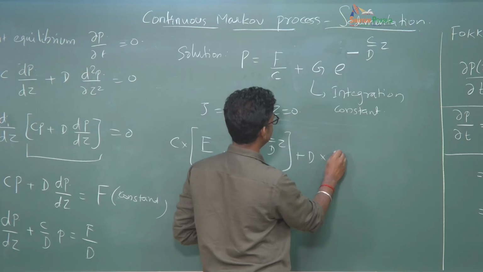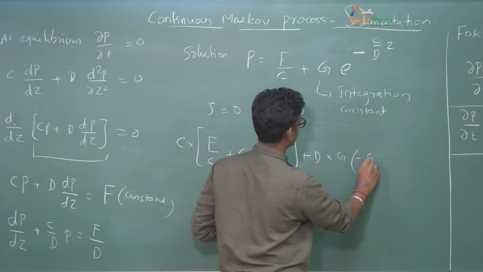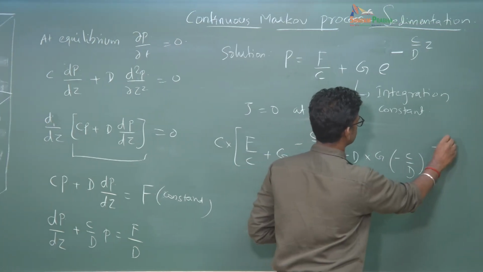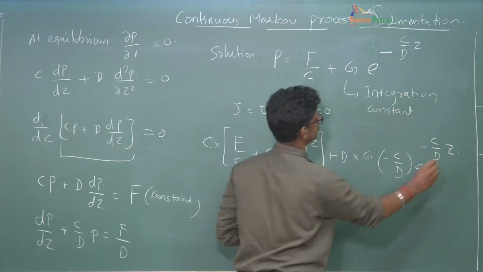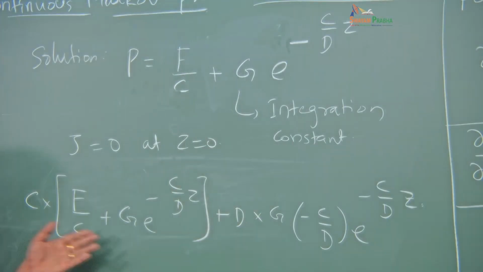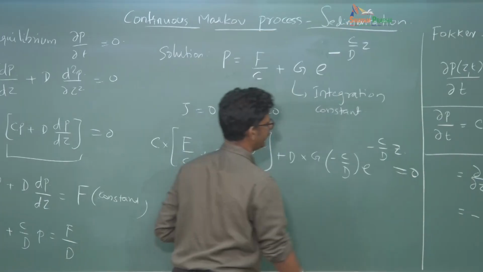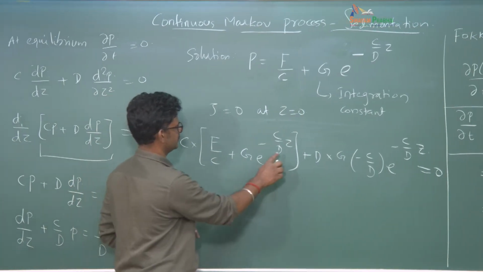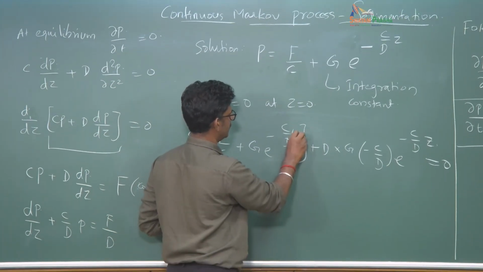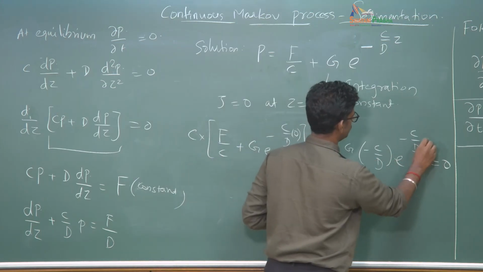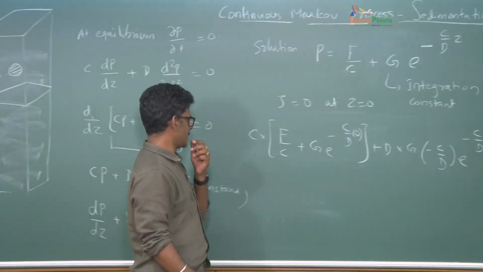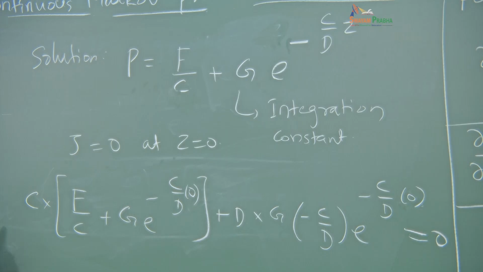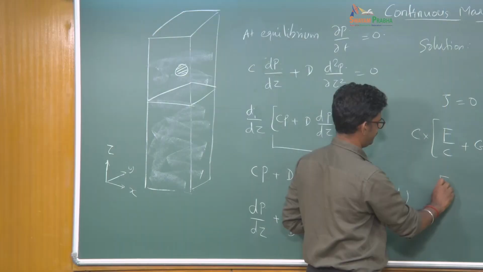So you get G, and this entire thing has to be 0 when z equals 0. So you put 0 here and 0 here.